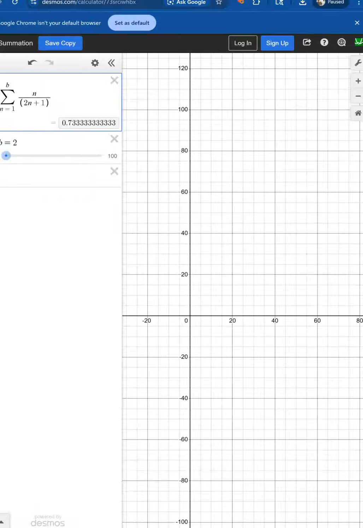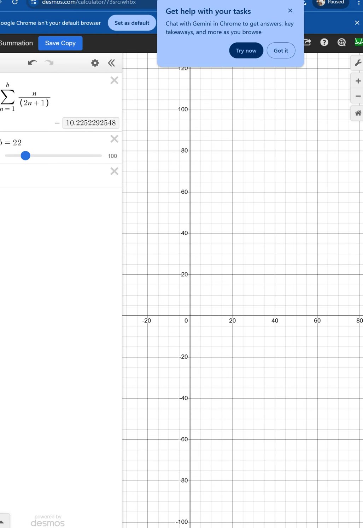I'm starting at 1, so that means if I plug in 1, I'm going to get 1/3. I plug in 2, that means now I'm adding both of them together. I'm going to continue on to see if I see a pattern, like we did for our last one.